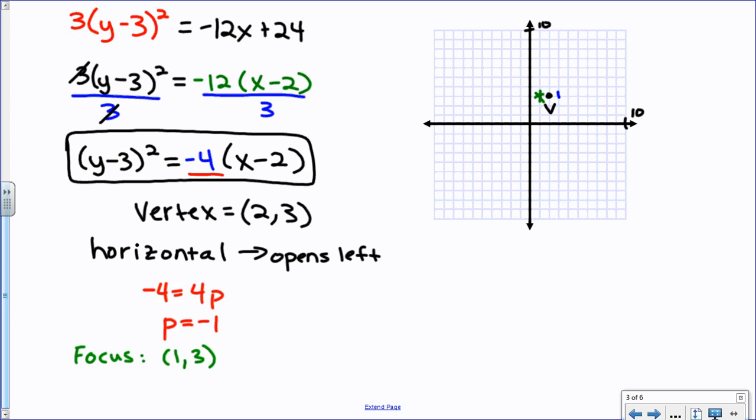And since it's a horizontal parabola, it's a vertical directrix. Vertical lines are x equals. And that goes through at 3. 1, 2, 3. So that's x equals 3.